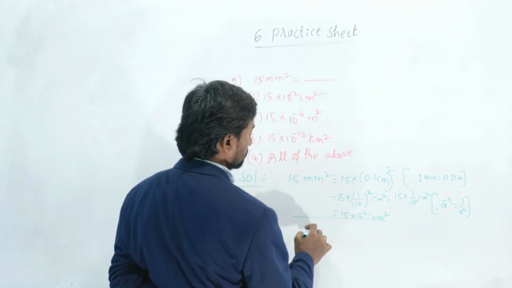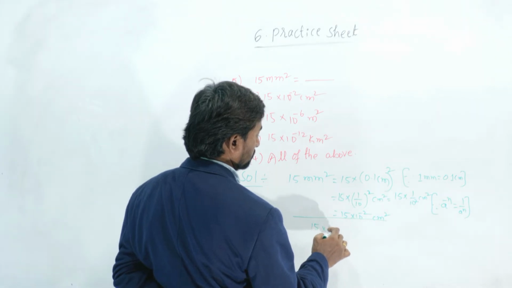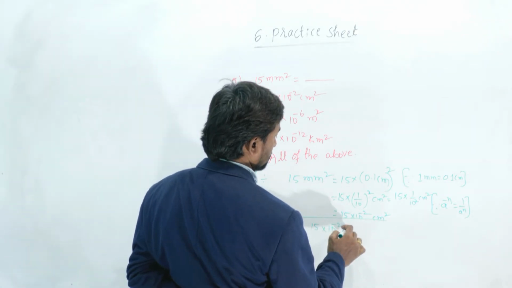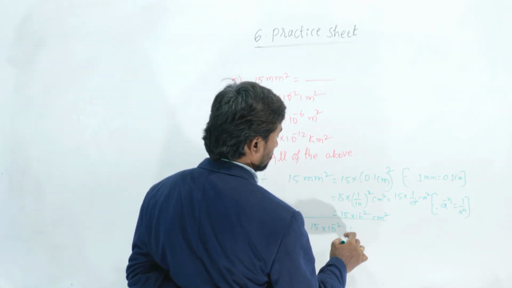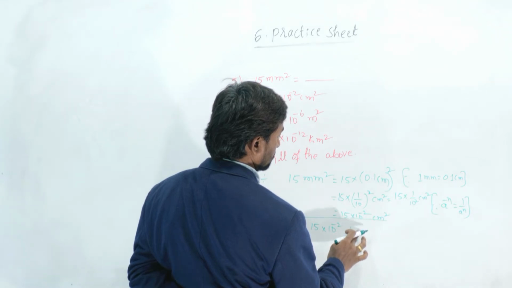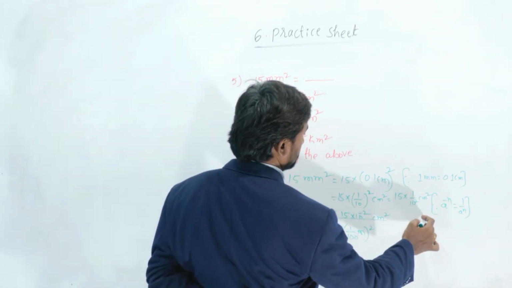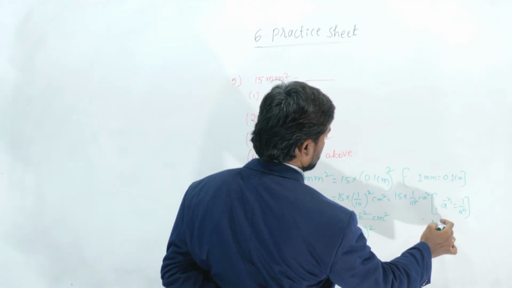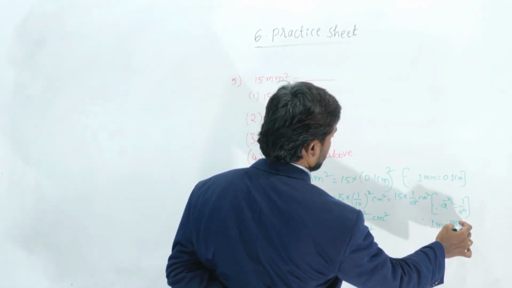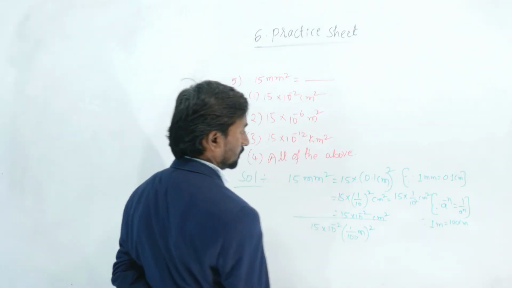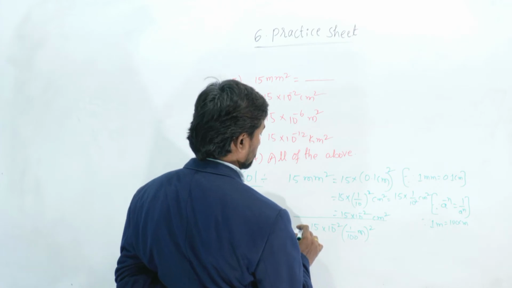Now we convert it into meter square. Since 1 meter is equal to 100 centimeters, 1 centimeter is nothing but 1 by 100 meters. So 1 by 100 meters whole square.